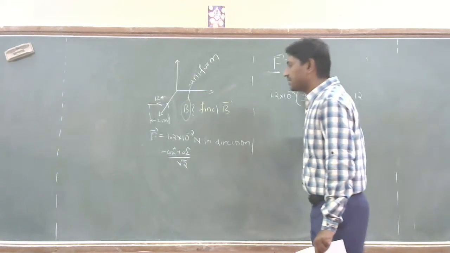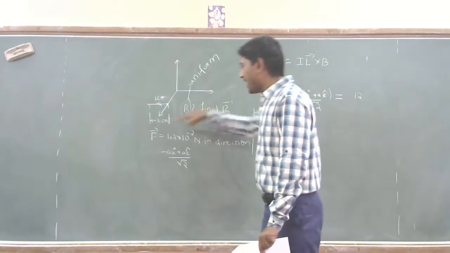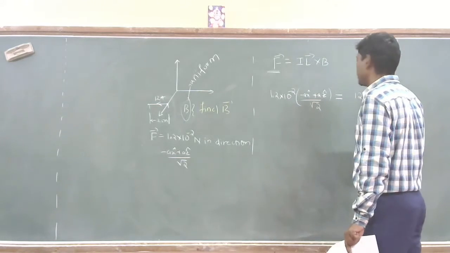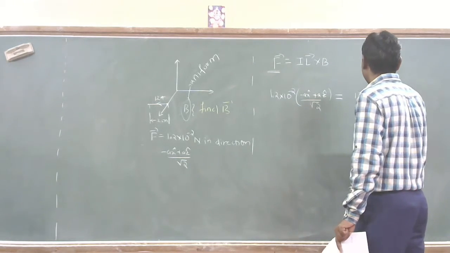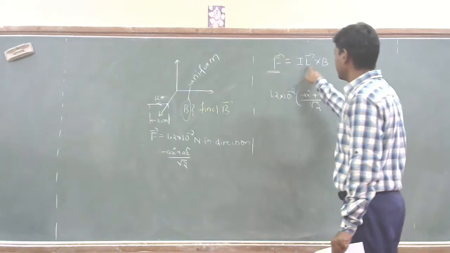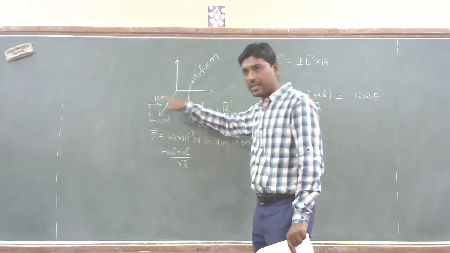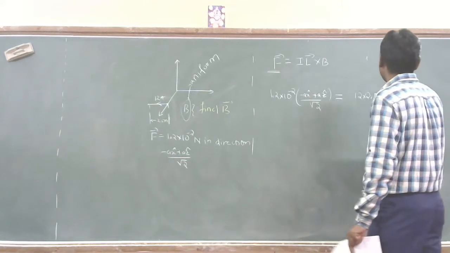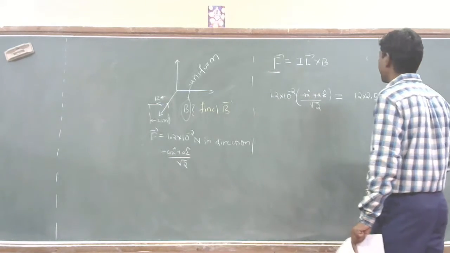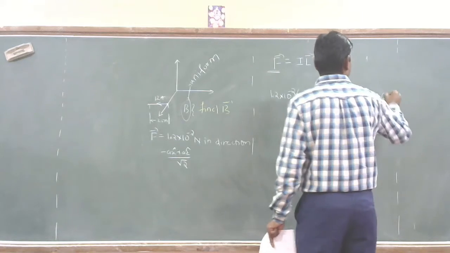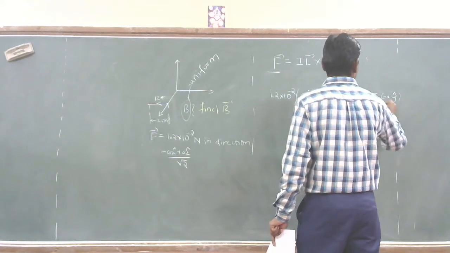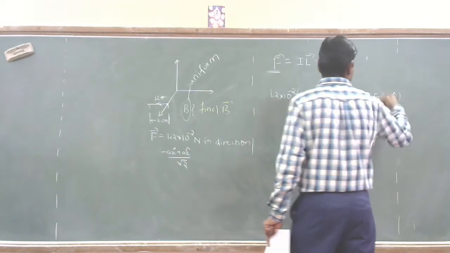What is L? L is a vector, and its length is 2.5, and the direction of this length is same as the direction of the current, which is in the minus ay hat. So it is minus ay hat cross B.